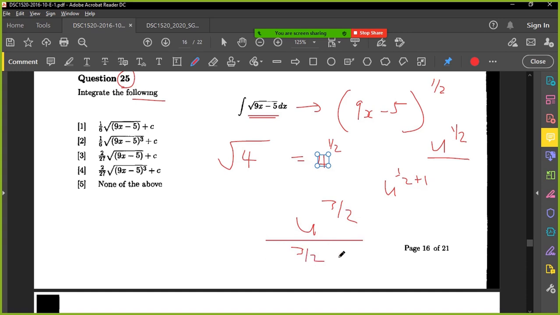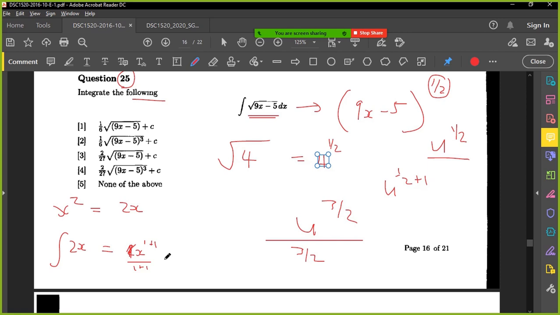Remember integration? You're adding 1 to the exponent. Remember that. For example, if I had x squared, the derivative would have been 2x. The integration of 2x would be x to the 1 plus 1 over 1 plus 1.